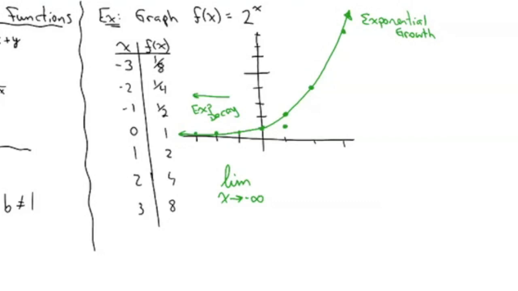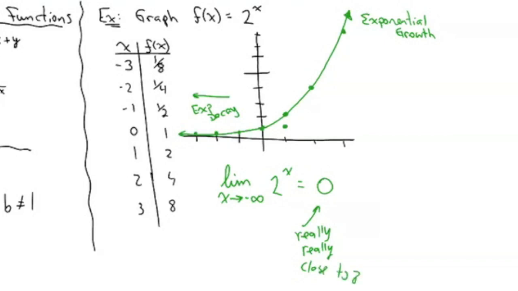It'd be really, really close to zero as a y value. So when you say the limit as x goes to negative infinity of this function is equal to 0, it doesn't mean it's really equal to 0. It means it's really, really close to 0.